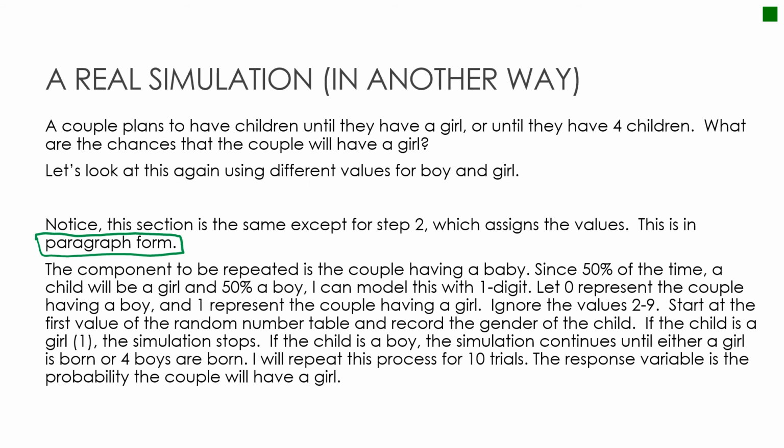But let's say instead of using 0 through 4 and 5 through 9, what if I said let 0 represent boy and 1 represent girl. Does that still work? Well, I'm only using 2 digits, so this is 1 out of 2 digits, which is 50%. And this is 1 out of 2 digits, which is 50%. But then what happens with 2 through 9? Then I have to ignore them.